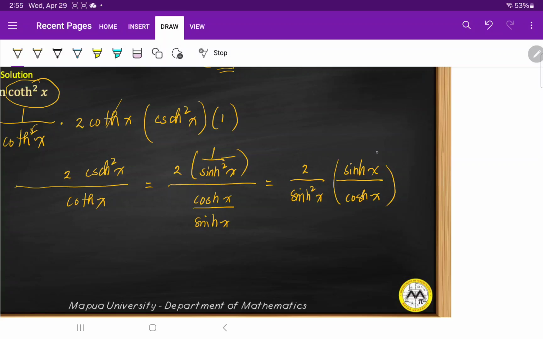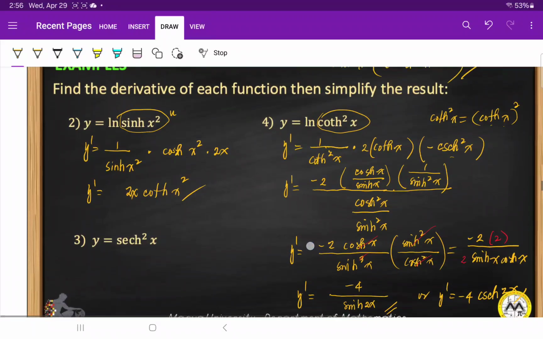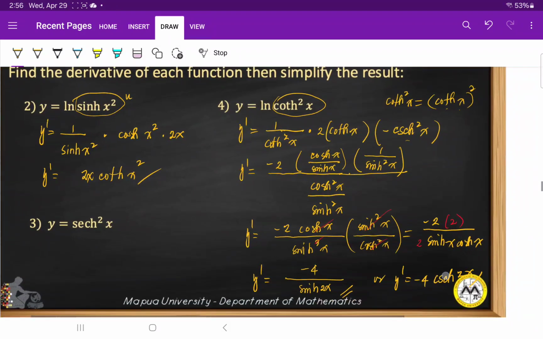Then one of these cancels with this one. So if you simplify, we have 2 over hyperbolic sine x hyperbolic cosine x. So again, this is similar to, hold on, we repeat this one.